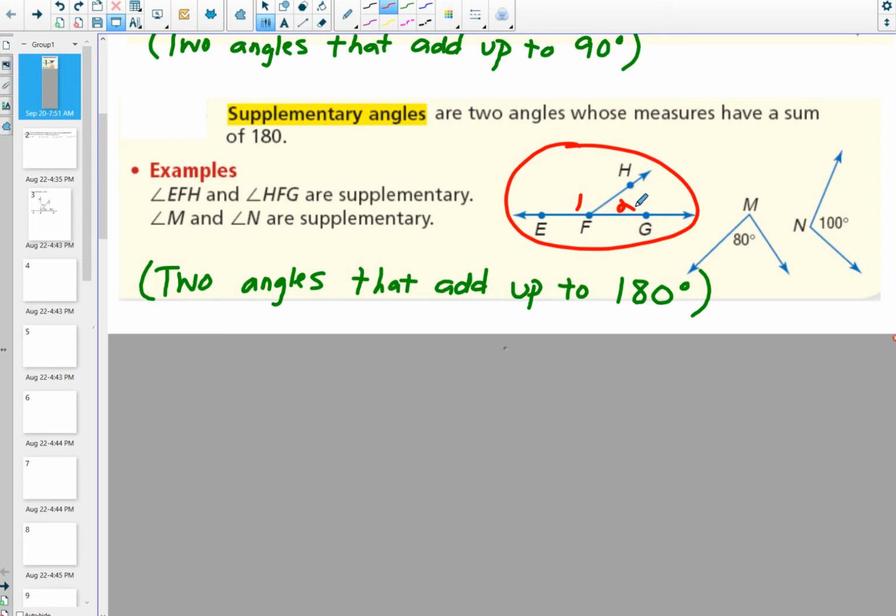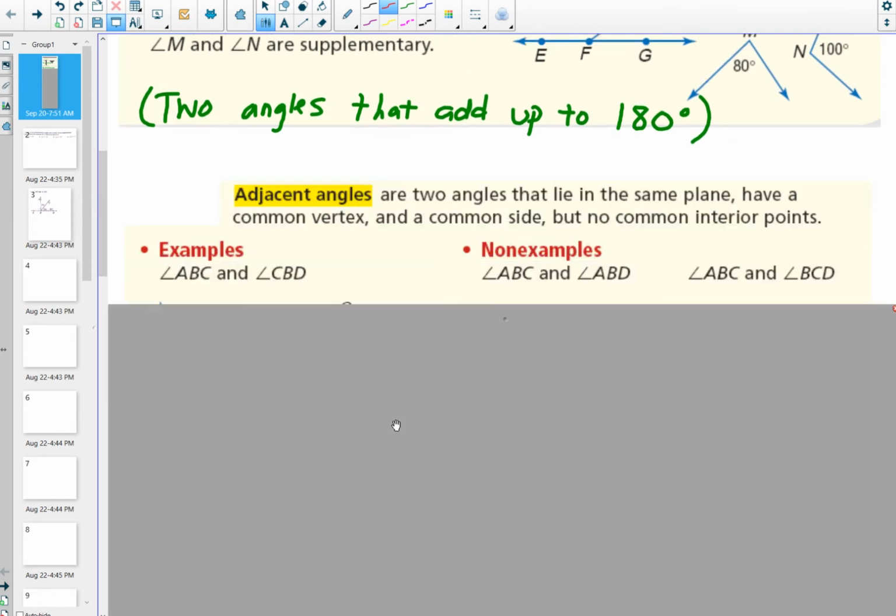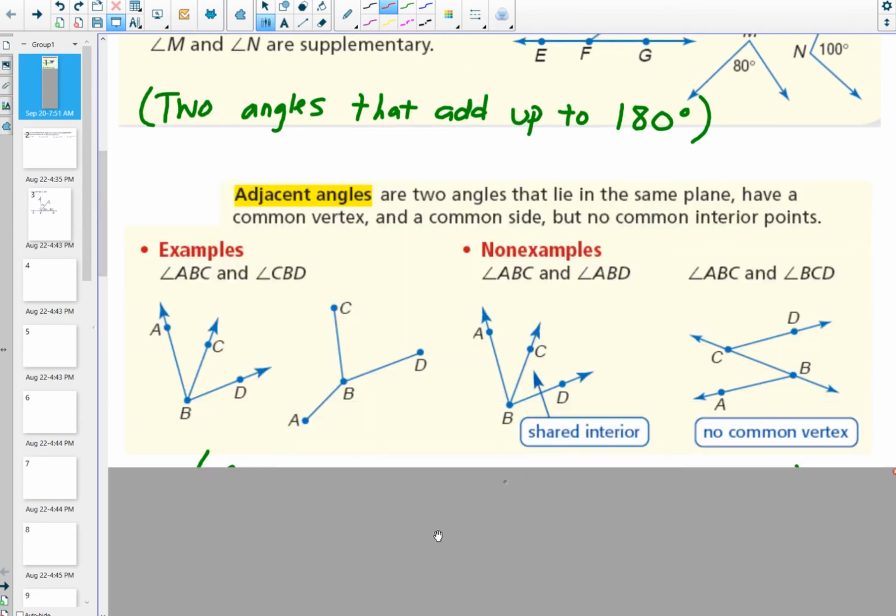And how many degrees are there in a straight line? 180. The other two angles are not adjacent, but Jamal, you can double check. 100 plus 80? It's 180.